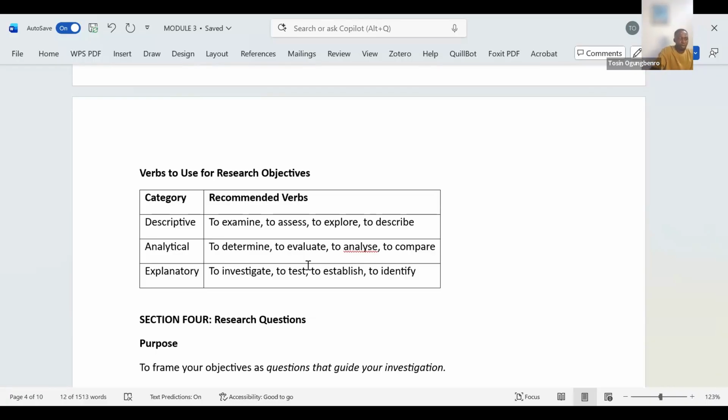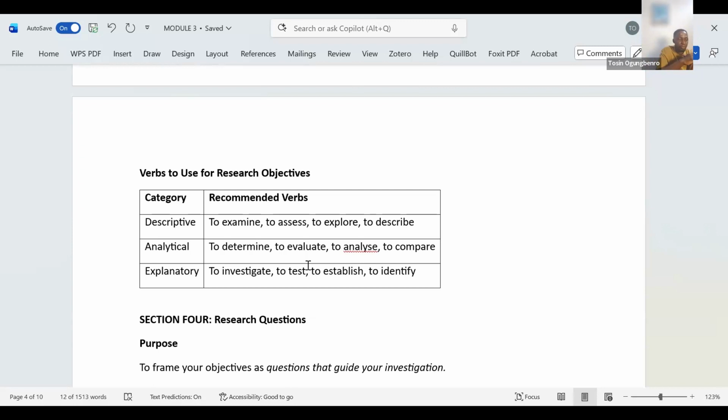But if you are using descriptive, you use language like to describe, to explore, to assess, to examine. You can use to examine for both actually, because you can examine in quantitative too. To examine means you are looking at something critically, closely, like you are looking into fine details of something.